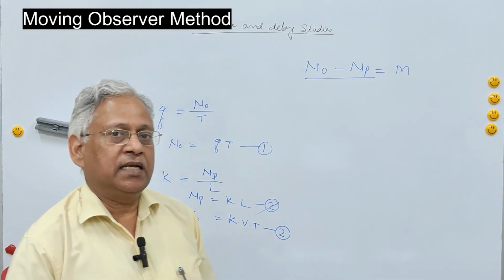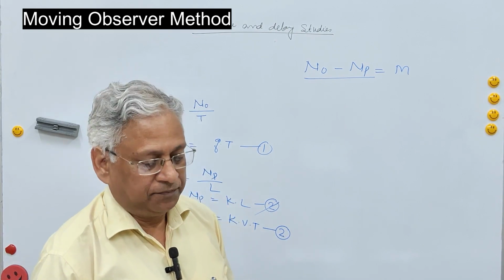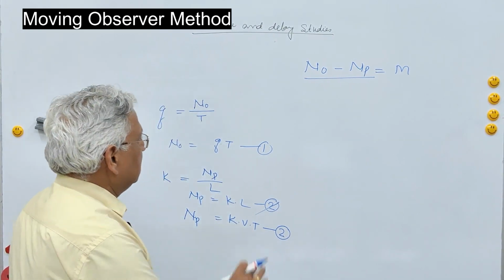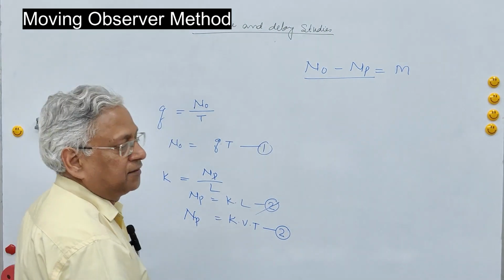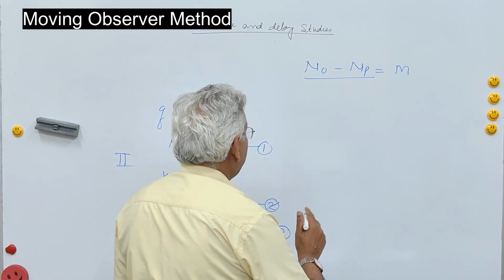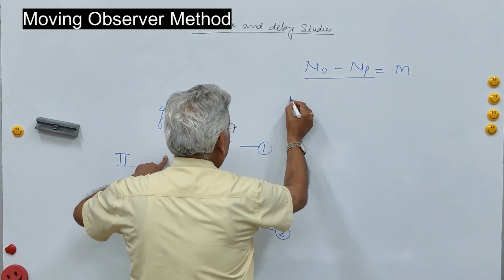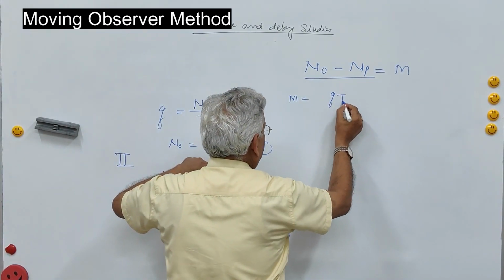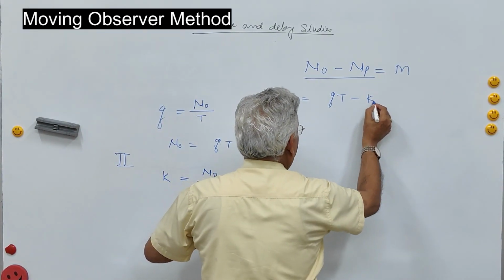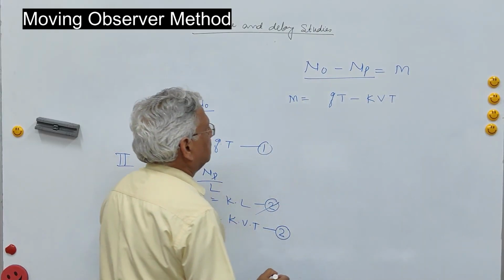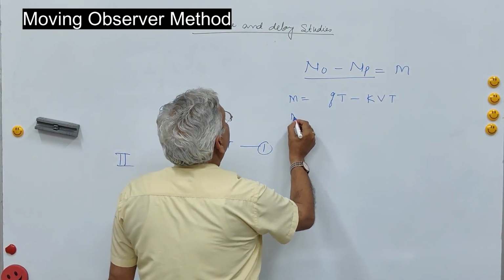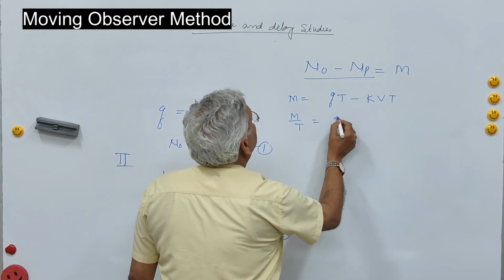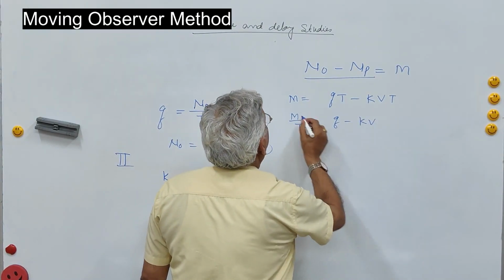Difference between overtaken and overtaking vehicles. So this m is n naught minus np, and this will be equal to qt minus kvt, or m upon t is equal to q minus kv.